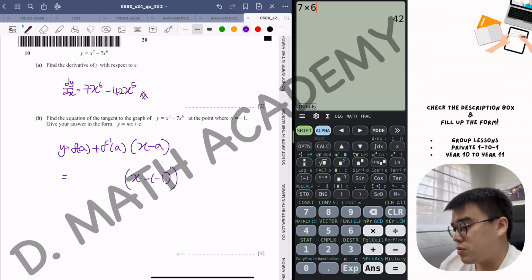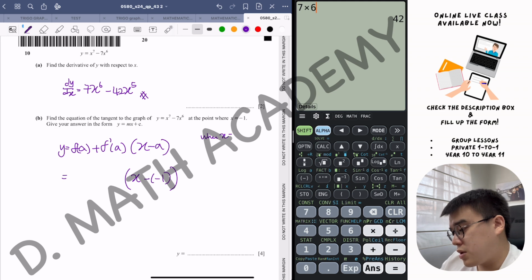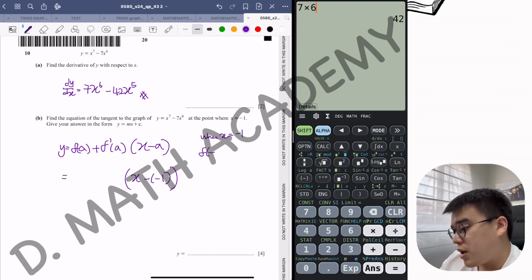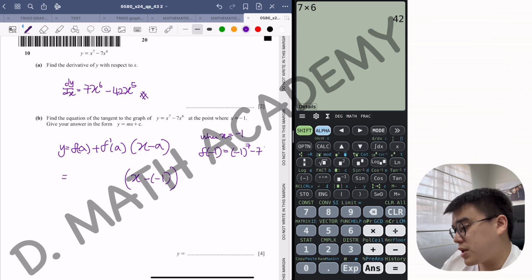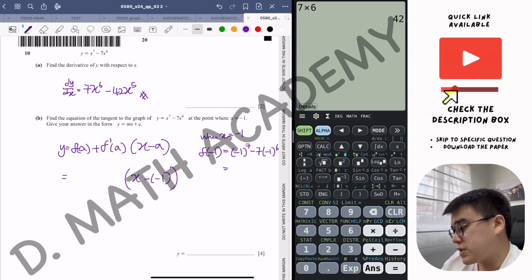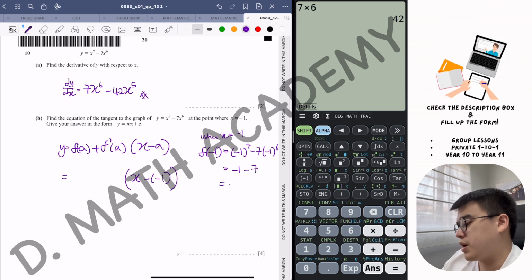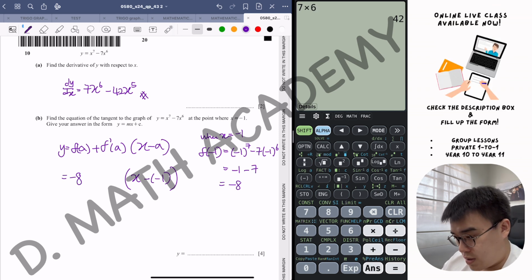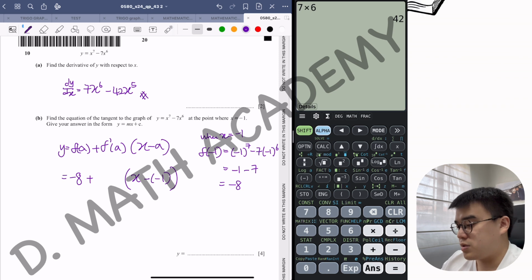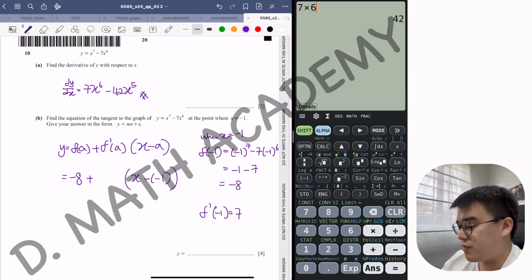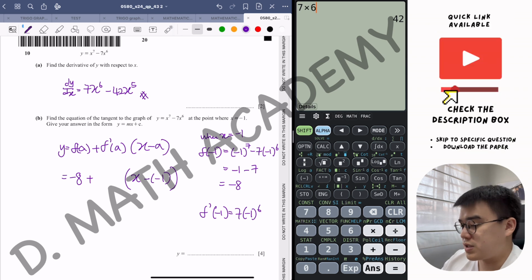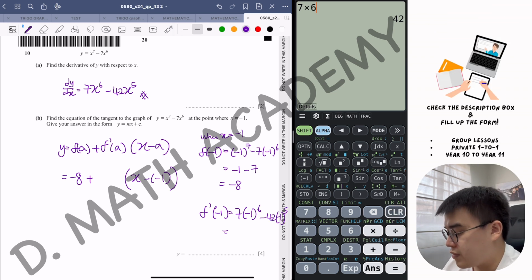So when x equals -1, f(-1) means (-1) to the power of 7 minus 7(-1)^6. So -1 minus 7, you will get -8. Okay, so your f'(-1) will be 7(-1)^6 minus 42(-1)^5.